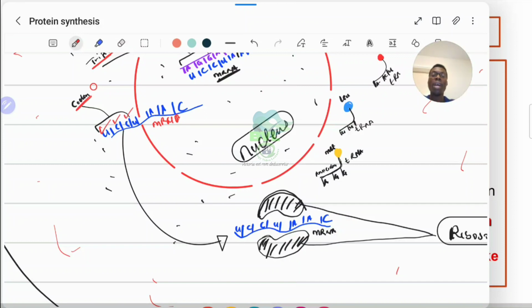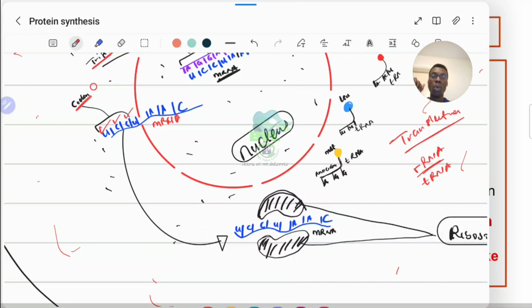Now, when this mRNA gets to the cytoplasm, there are 2 other RNAs that are necessary to finish protein synthesis in the second stage, which is called translation. So translation involves 2 other RNA, which is rRNA, which is ribosomal RNA, and tRNA, which means transfer RNA. For the sake of GCSE, nobody will really disturb you about the full meaning. Just know tRNA is fine, rRNA is fine.